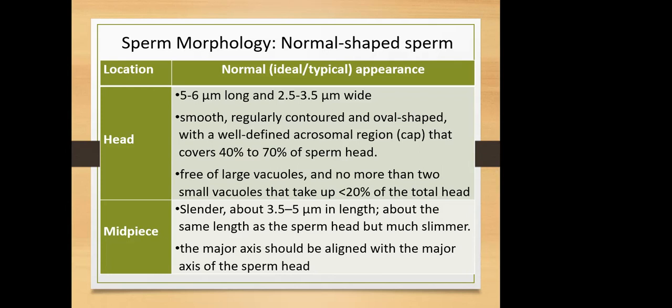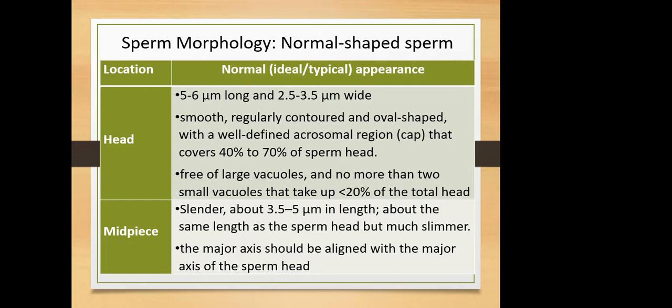And if you put the 2 together, they should not exceed 20% of the total head. All right. So these are the normalities. These are the ideal or typical conditions as is expected of a normal sperm head. I hope that you have followed it.